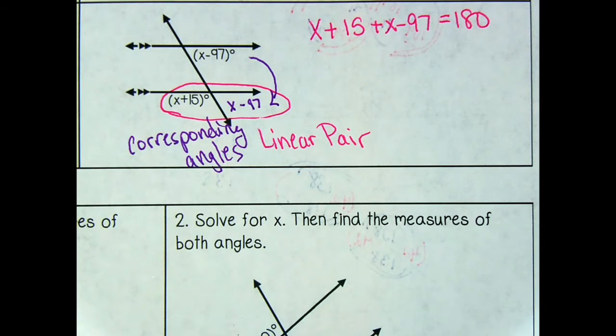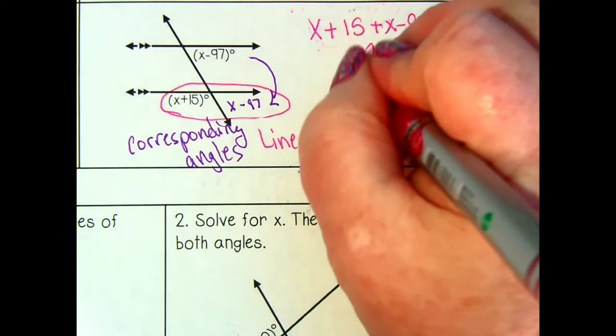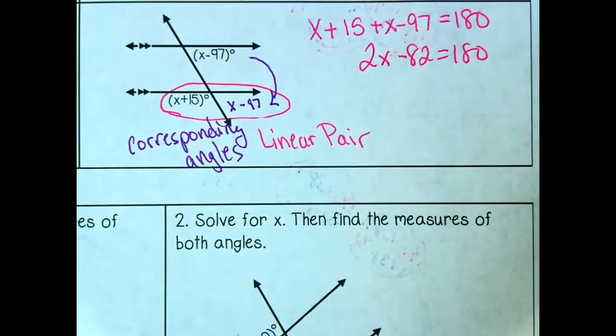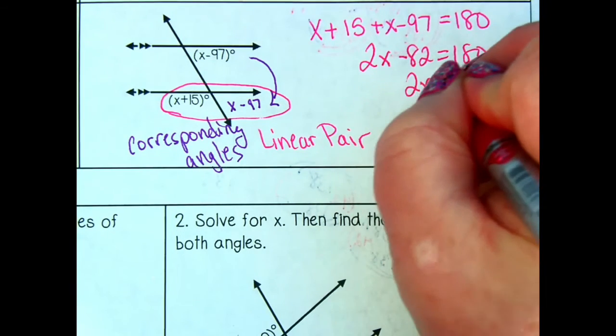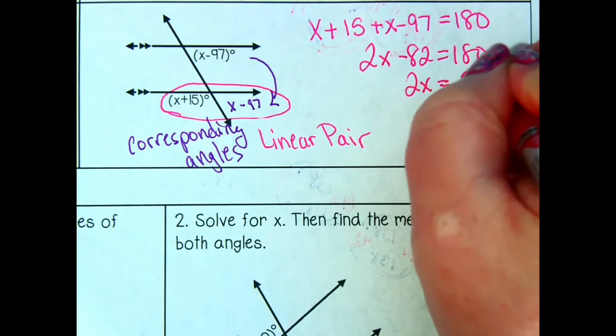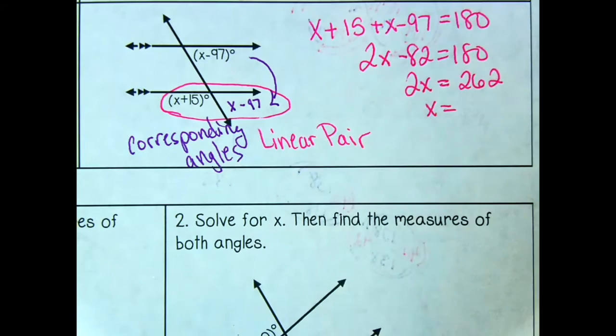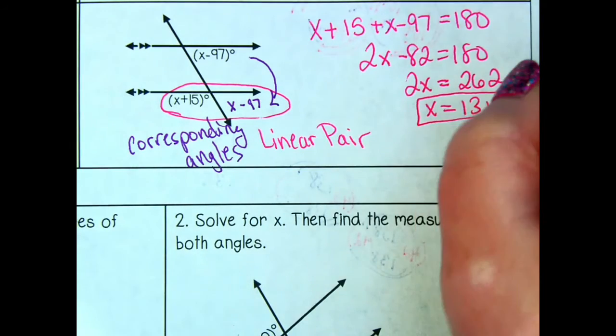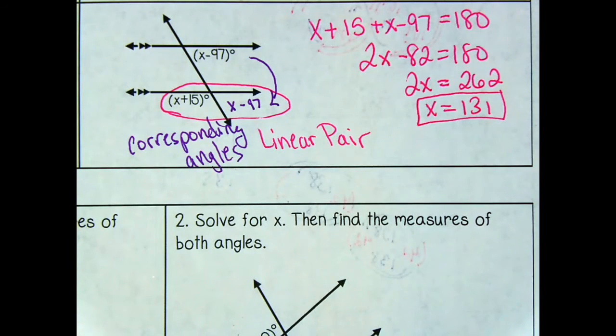And then from here, I would just use my algebra skills to combine like terms and solve. And I get 2x is equal to 262. I divide by 2, and I get 131. And then, depending on the directions, will tell me whether or not I need to substitute.